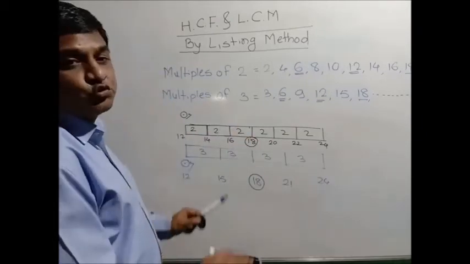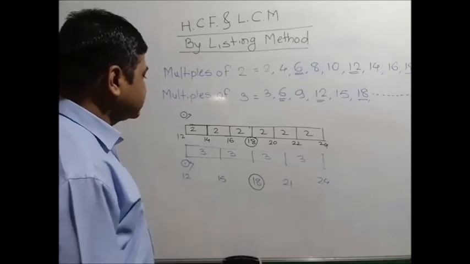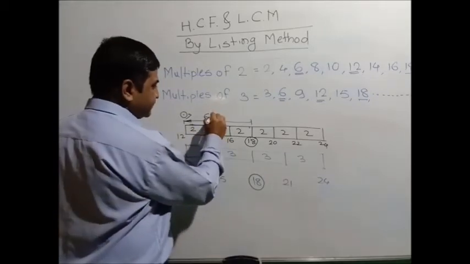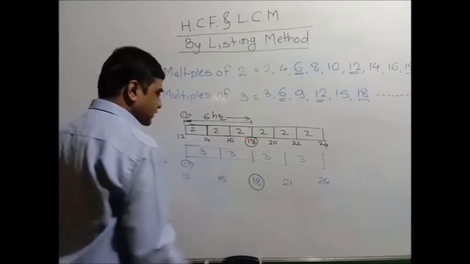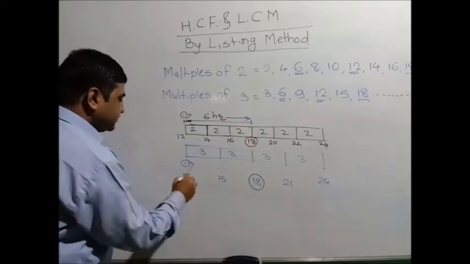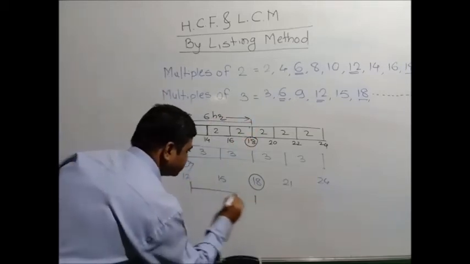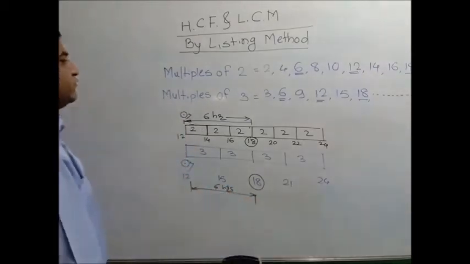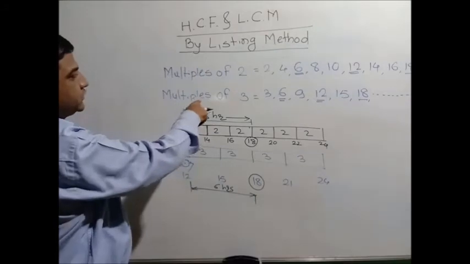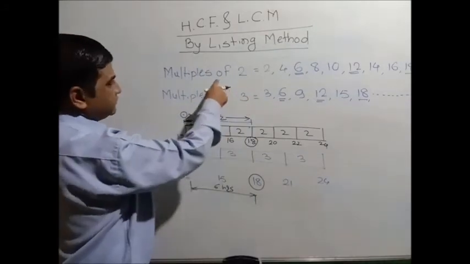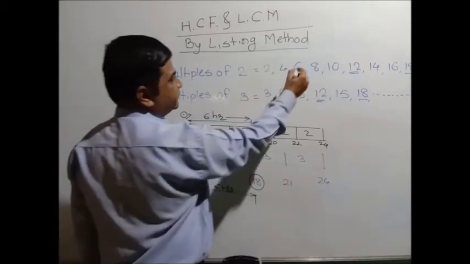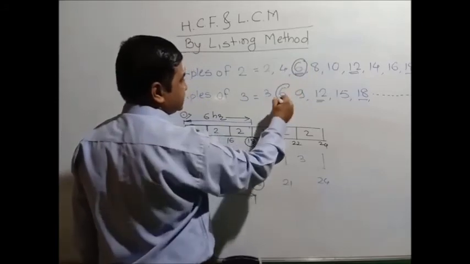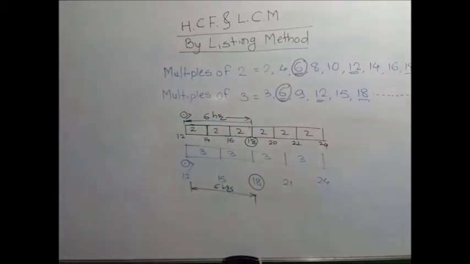But how to do this mathematically? You can see 2 plus 2 plus 2 is 6 hours, this time gap, and 3 plus 3 is 6 hours again. What we find is that the least common multiple of 2 and 3 is 6.